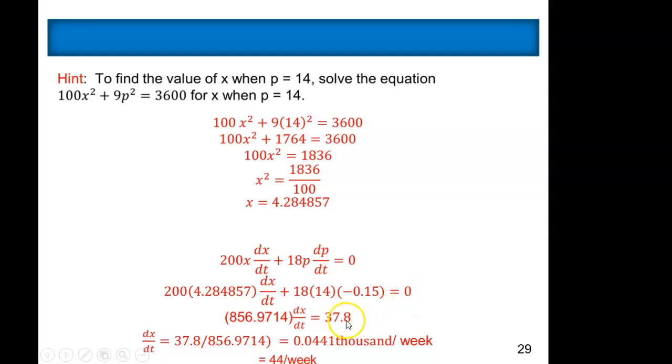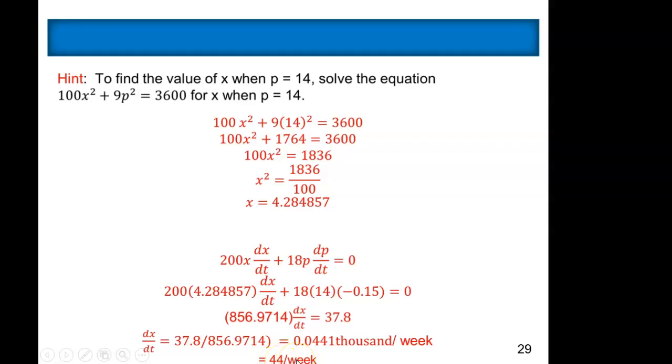When I move it over, it'll become a positive. These, when multiplied, give me 856.9714. Divide both sides by that, and it gives me this number, which is in thousands per week. If I have 0.0441 thousand, then if I multiply that by 1,000, that's equivalent to saying 44 per week.